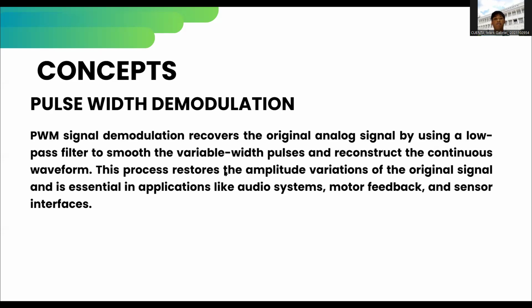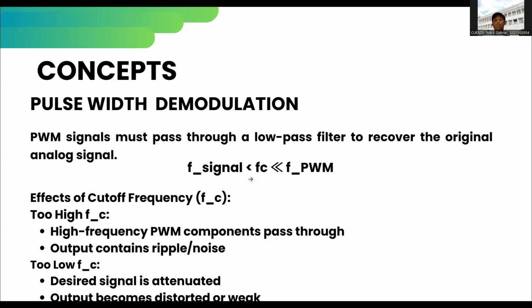So it removes the high-frequency components and reconstructs a continuous waveform that represents the original signal. So the cutoff frequency of the low-pass filter is very important. So it must be high enough to pass the original signal, but low enough to block the high-frequency components of the PWM signal.